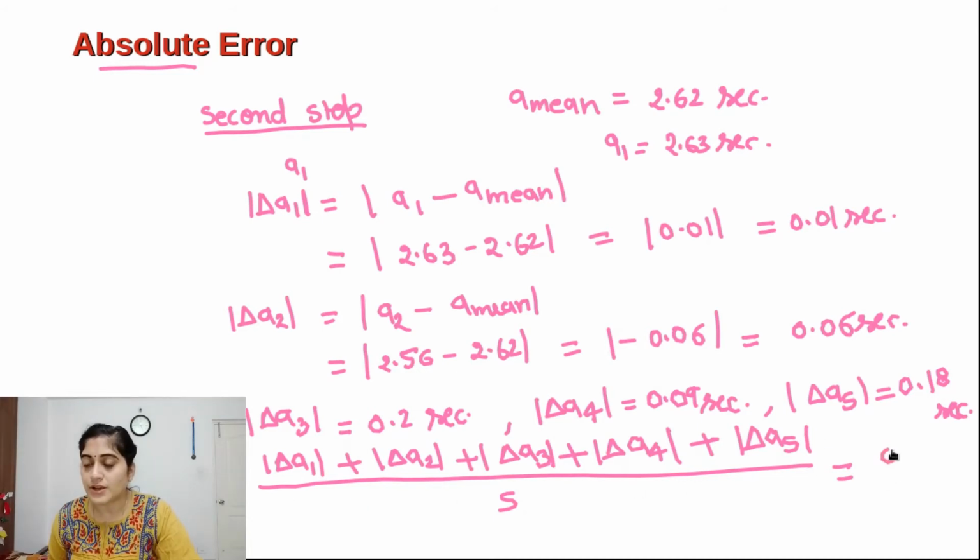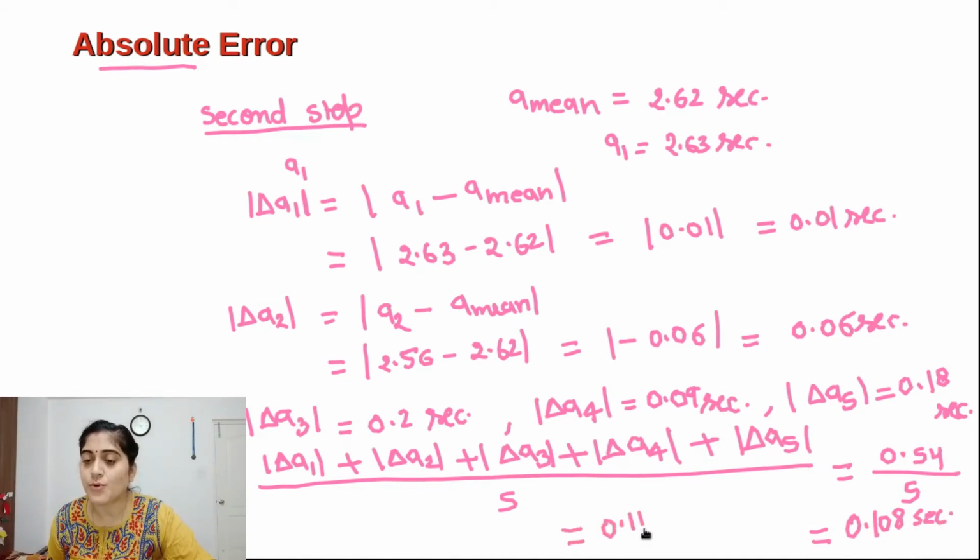So this will become 0.54 divided by 5. So this is coming 0.108 seconds. So we can round it off. That will be 0.11 second.